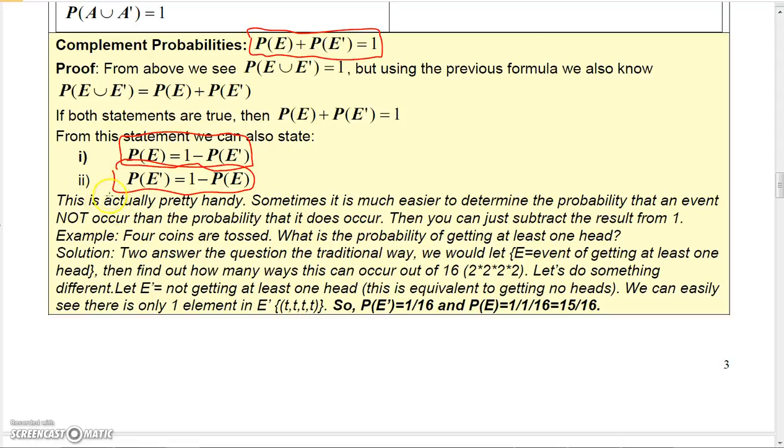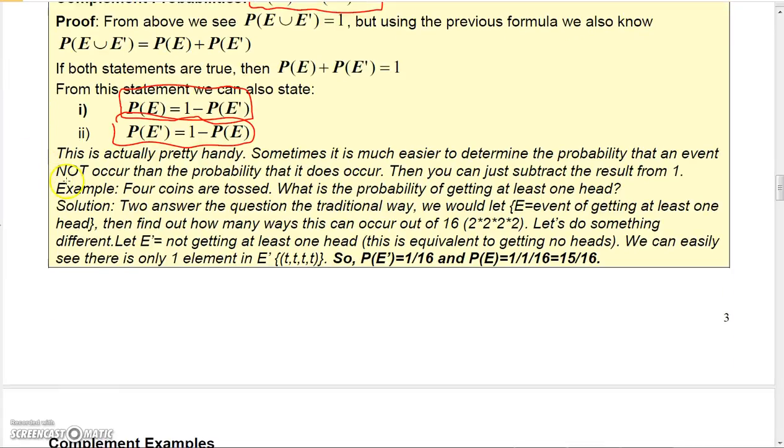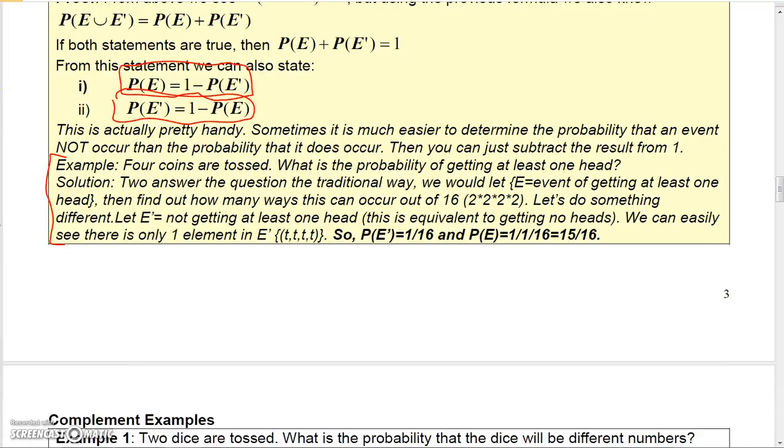Now, this is actually pretty handy because sometimes it's easier to determine the probability that an event did not occur. Then you can just find that probability, subtract it from 1, and that'll give you the probability that the event did occur. And you can pause the video and read this simple example here if you want to.